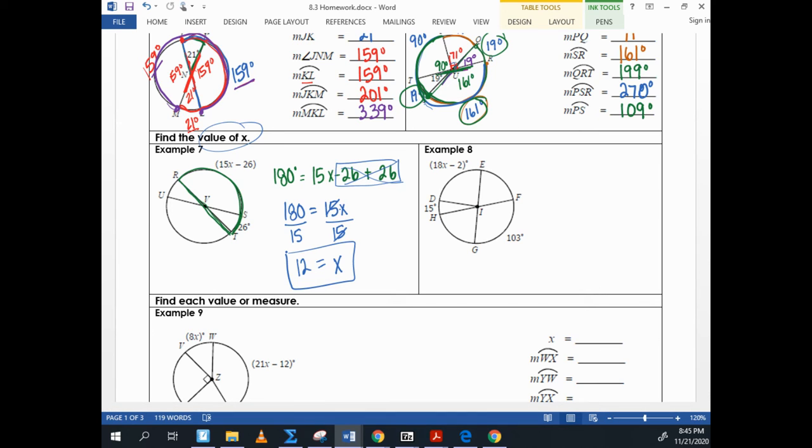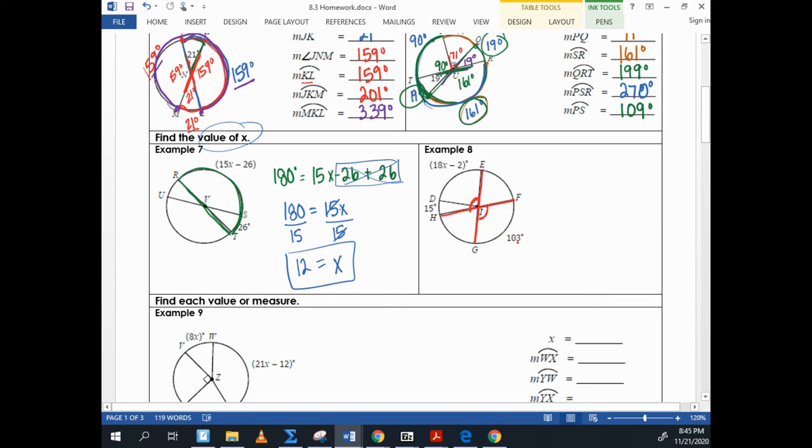All right, let's look over here. This time we've got a little bit trickier problem. We've got some vertical angles. Now remember, vertical angles, if you take two lines that cross, then the angles formed by them are equal or congruent to the angle formed on the other side. So those two angles are congruent right there.